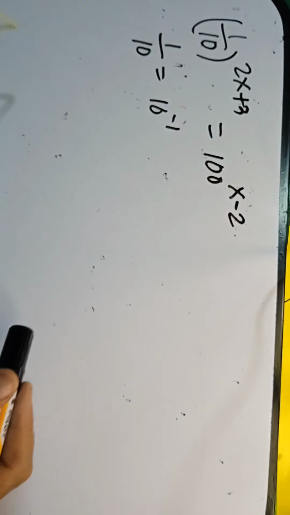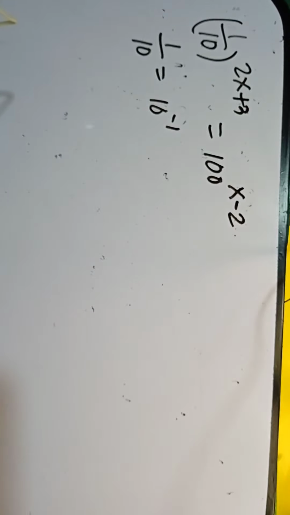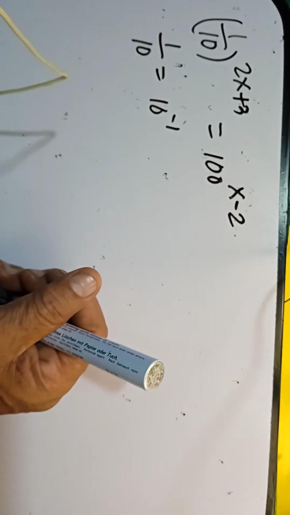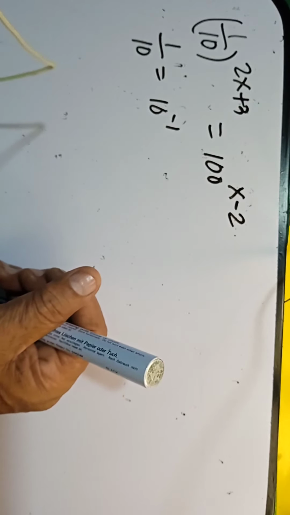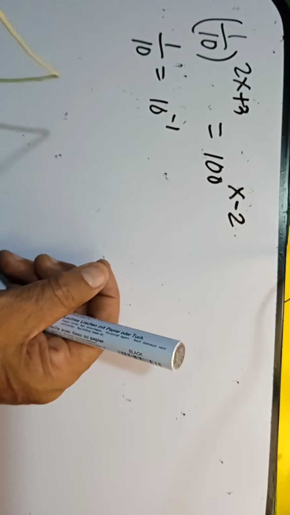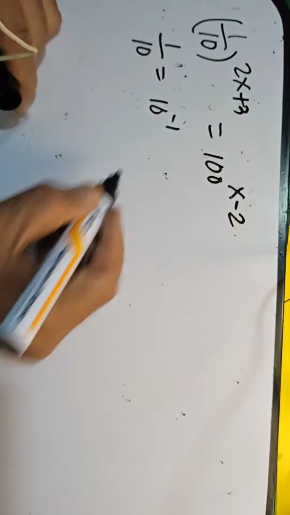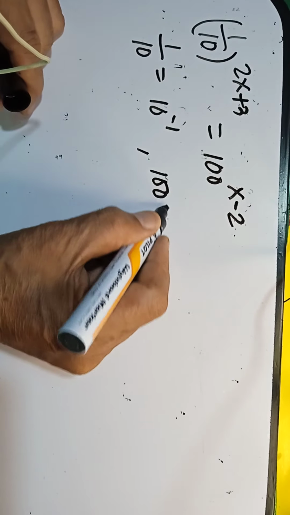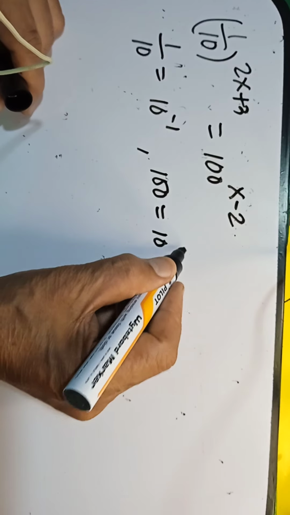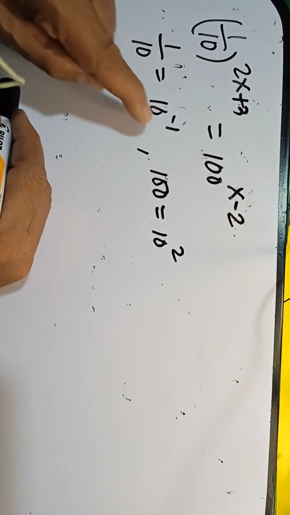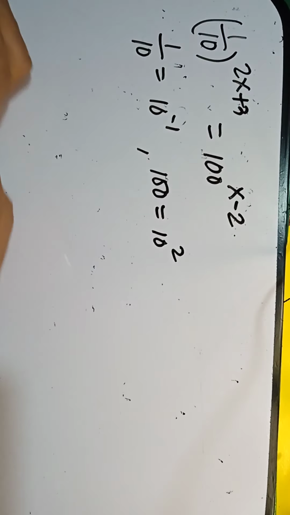That is according to the definition wherein a raised to negative n is equal to 1 over a raised to n. And 100 can be expressed as 10 squared. So we use this 10 to negative 1 and 10 squared.